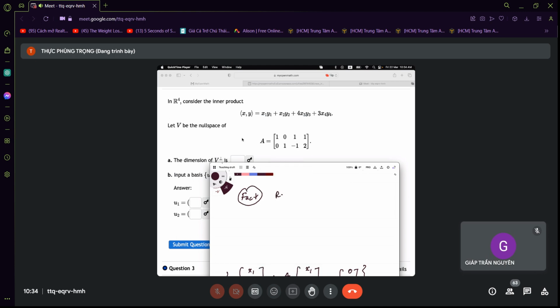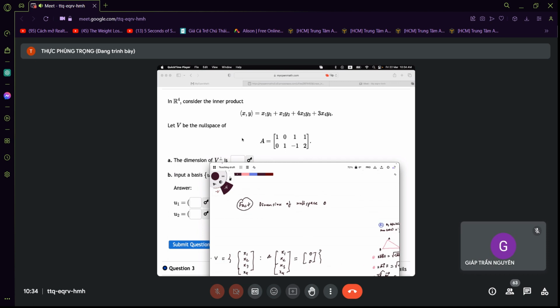The dimension of null space of A is equal to n minus rank of A. So let's say this is formula 1.